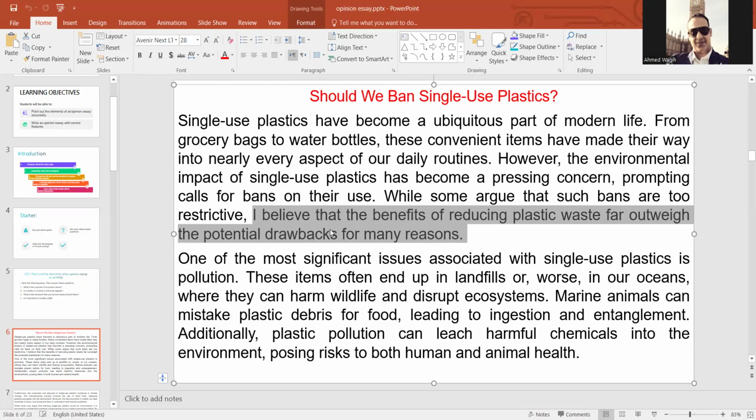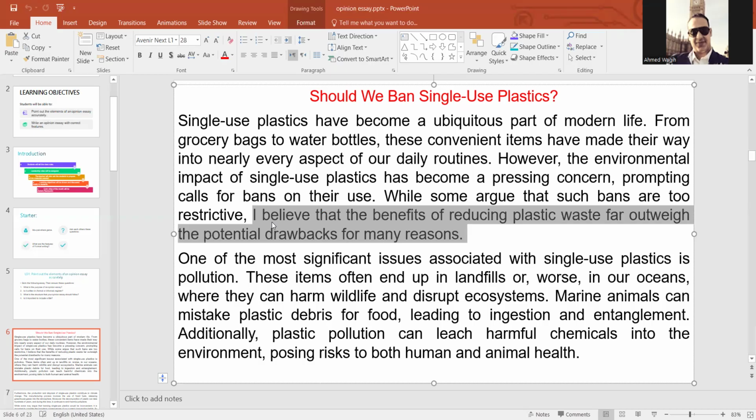Look at this sentence because it is really important in the introduction of an opinion essay. This is called the thesis statement. The thesis statement summarizes what you're going to talk about in the main body paragraphs of this essay. It includes your opinion as well, because it's a must to mention your opinion in the introduction of an opinion essay.